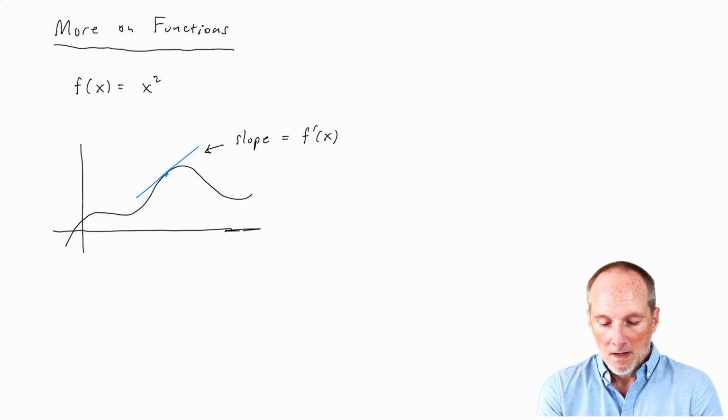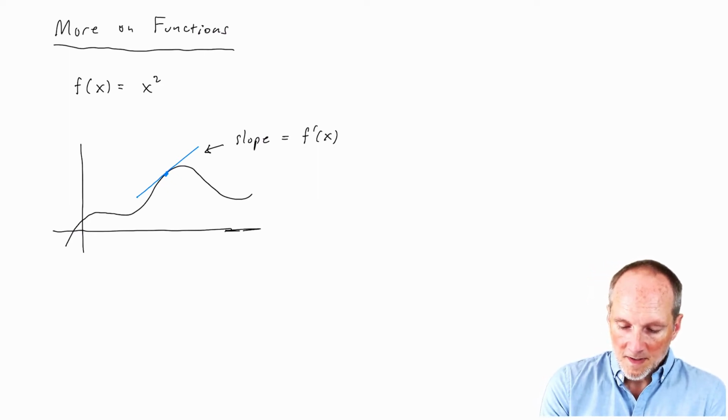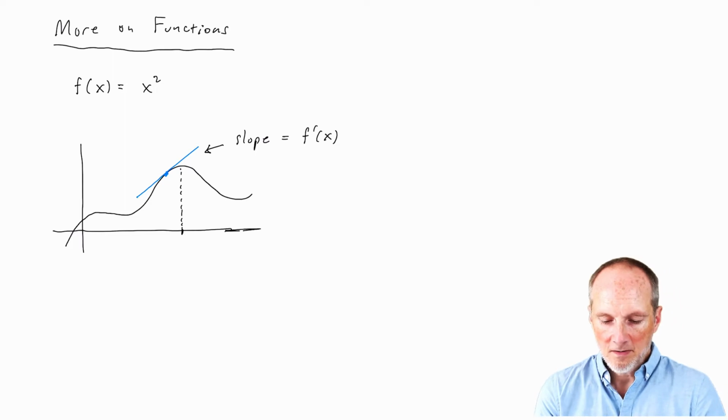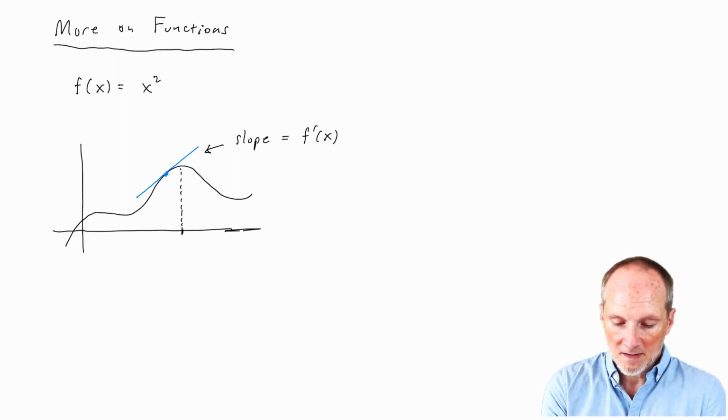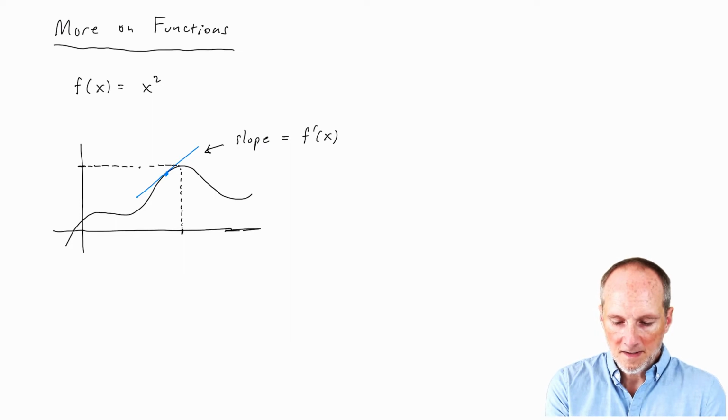So in this picture that I just drew, it looks like, well, one candidate for a maximum would be right at this point here that I've indicated on the x-axis, because the value of the function looks like it's higher than it is anywhere else.